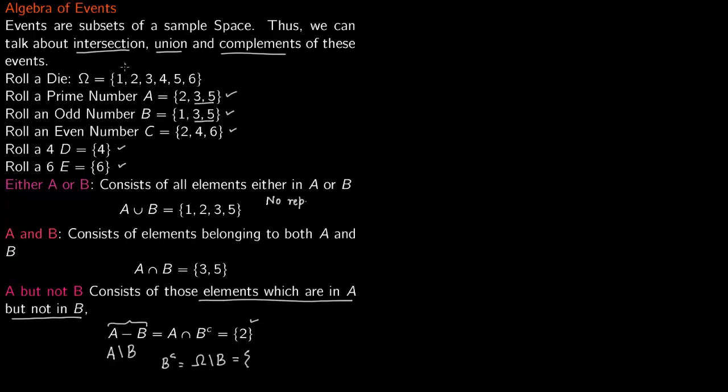You take out 1, 3 and 5, you get 2, 4 and 6. So A intersection B complement: you take A, you intersect it with B complement, you just get 2 because 2 is the common element. So this is the meaning of A minus B. Again, notice that you're writing A minus B, but 1 is not contained in A. You're just taking out the elements which are in B from A.